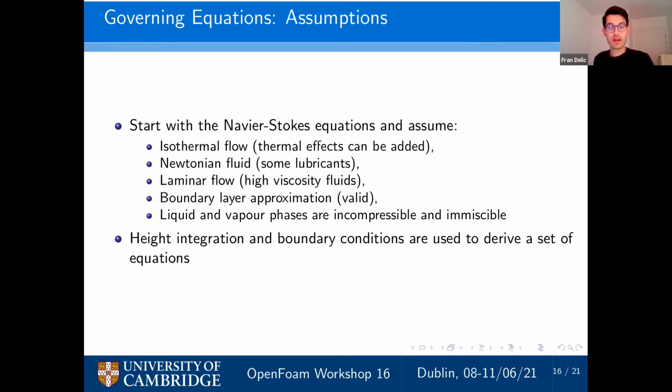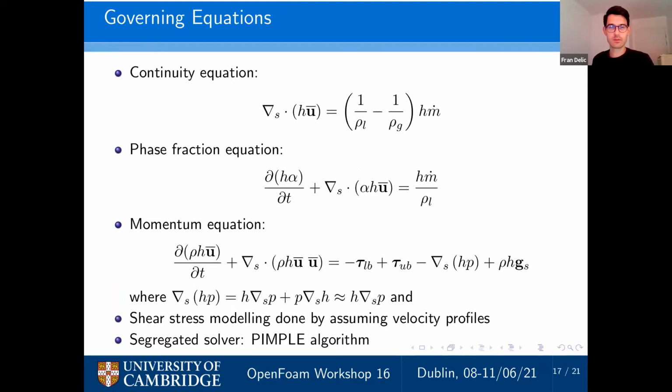We can perform a height integration and apply boundary conditions to derive the following set of equations seen here. Three terms are of interest. First is the gradient of the product of height and pressure, which is split into a sum of two terms, where the gradient of height is assumed to be small, which is valid for most lubricated geometries.